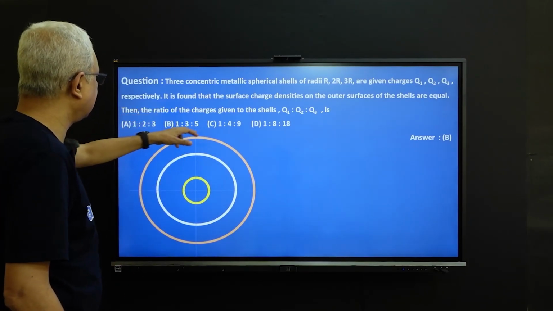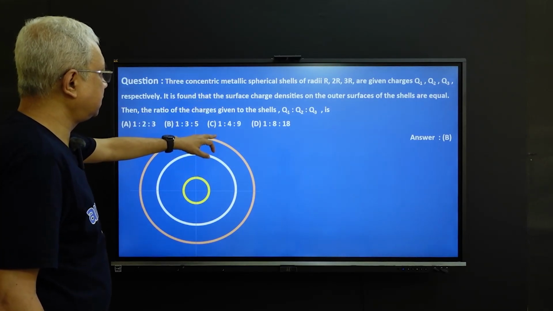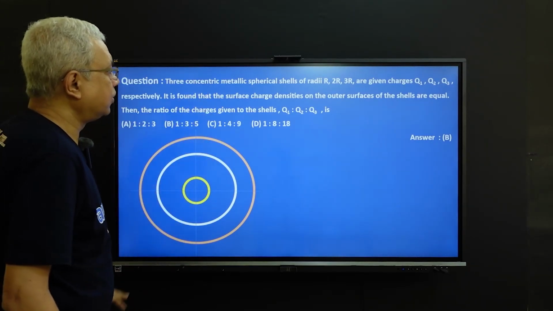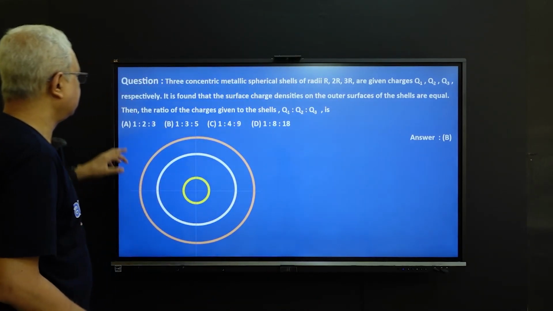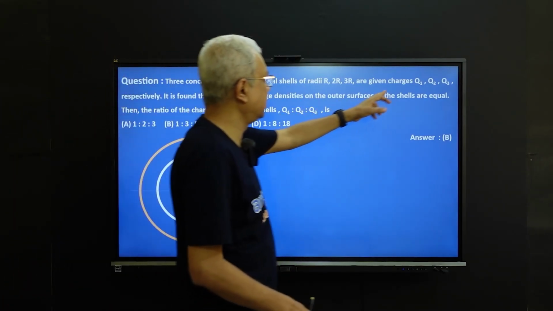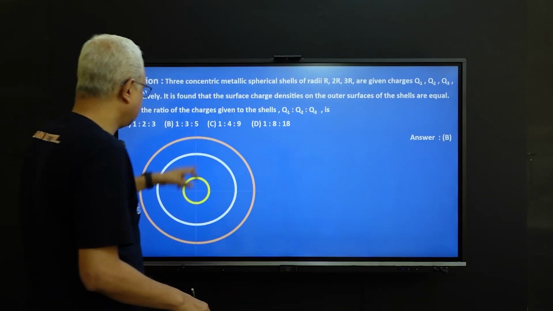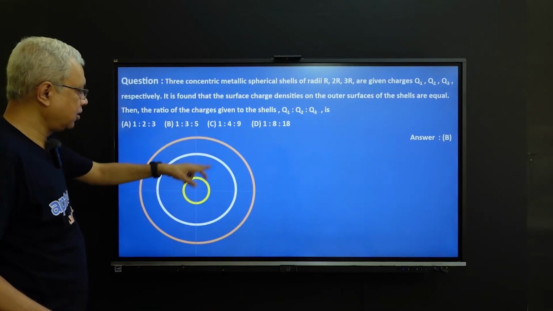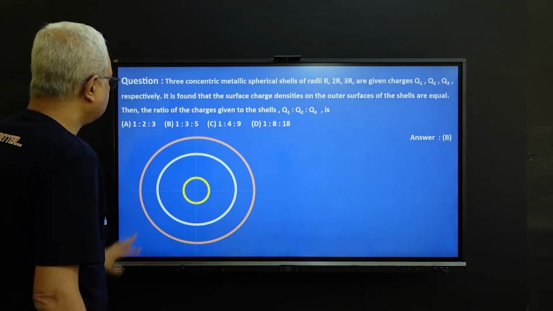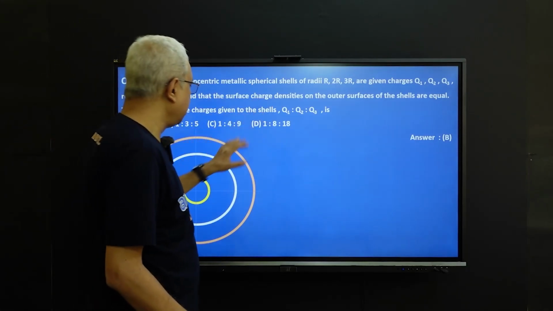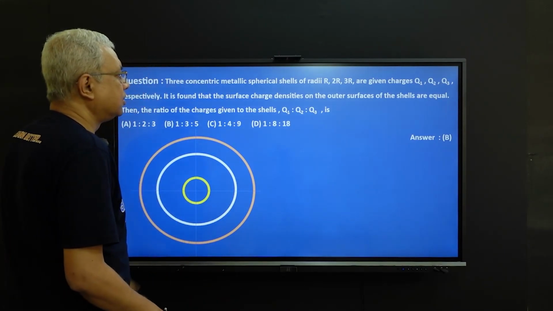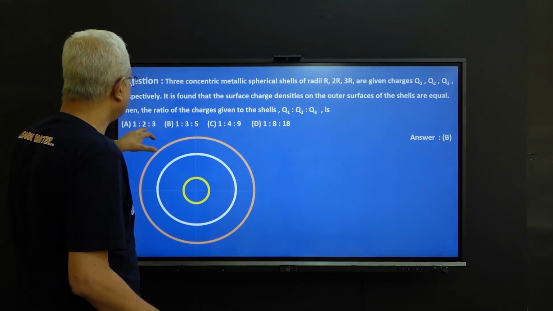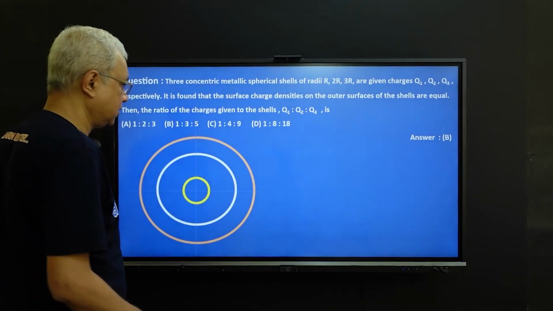And it is said that the surface charge densities on the outer surfaces of the shells are equal. These radii are the outer radii of the spherical shells. Then if the outer surface charge densities are equal, what is the ratio of q1, q2, q3?